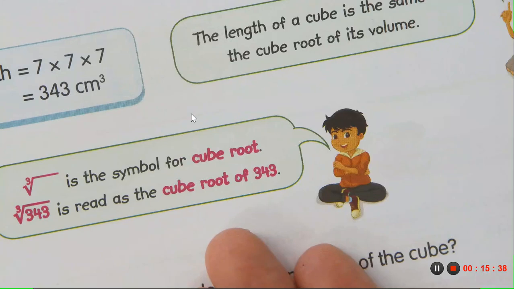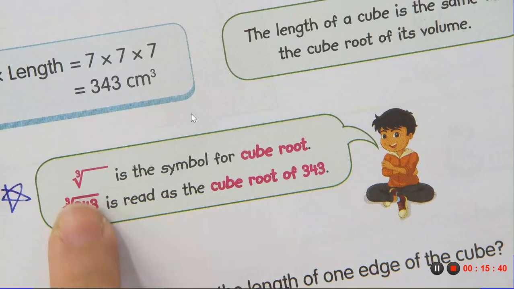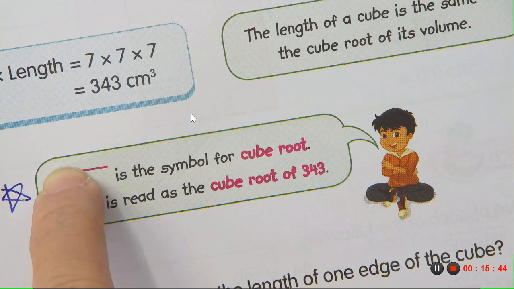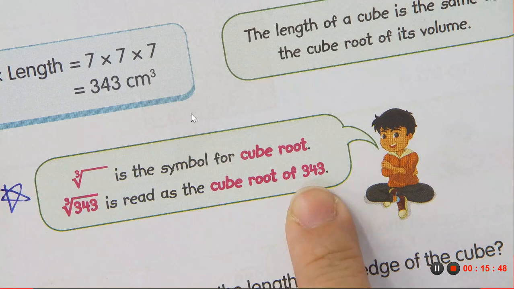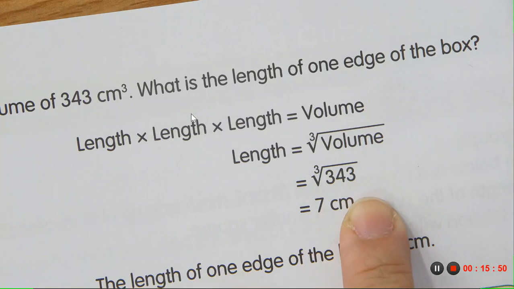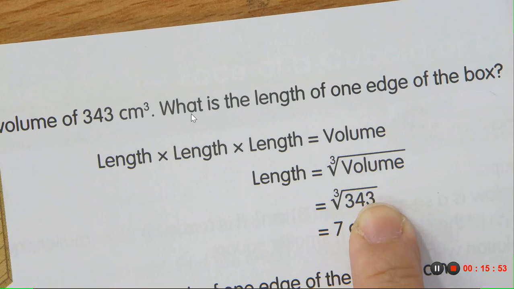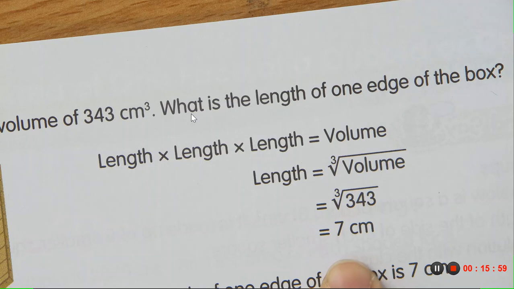It is the symbol that looks like square root, but it has this tiny 3 on top. It's for helping us to find out, if I'm given a volume like 27 centimeter cube, I can find its length easily by pressing the calculator cube root 27.